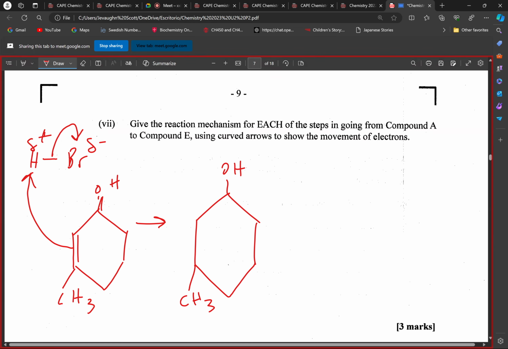Which position would be more unstable? Position 1 or position 2? Position 2 would be more unstable than position 1. Position 2 is a tertiary carbocation, but position 1 is a secondary carbocation. So which one is more unstable? Position 1. Position 1 is more unstable.